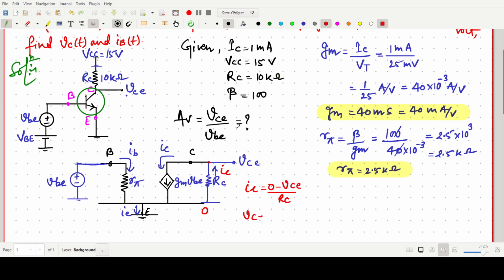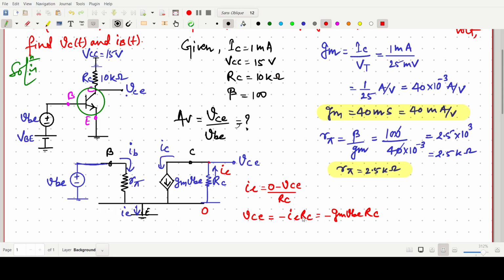So VCE value is minus IC RC. And IC is nothing but simply gm VBE. So this VCE value is nothing but simply minus gm VBE into RC.